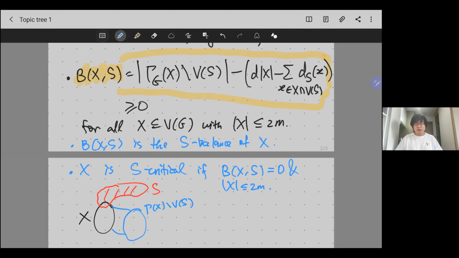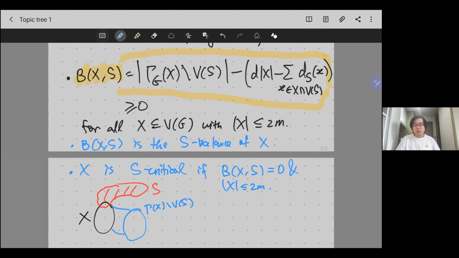So first of all, this blue guy here, Gamma of X minus V of S, is kind of like the good vertices we can use, because these vertices are adjacent to X, so if ever some vertices in X is used in S, we can extend it by attaching to X, right? So these are the good vertices we can use to extend the current partial embedding.